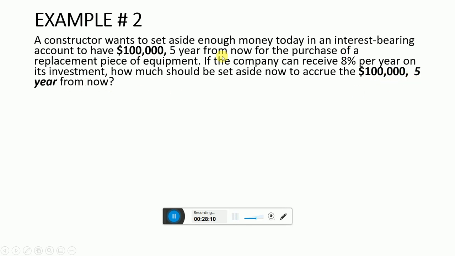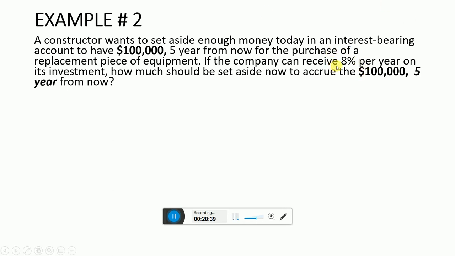So in this example, 100,000 is the future amount, F, after 5 years, which a constructor wants to have in future. It is asked how much a constructor should have right now, which he should put in a bank or with a company where he can receive the interest.